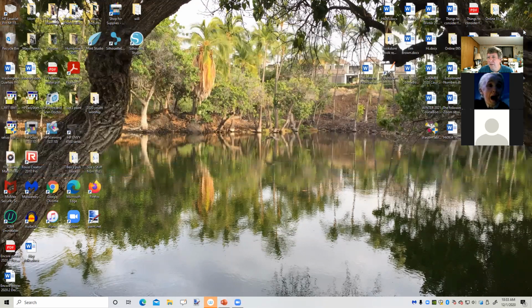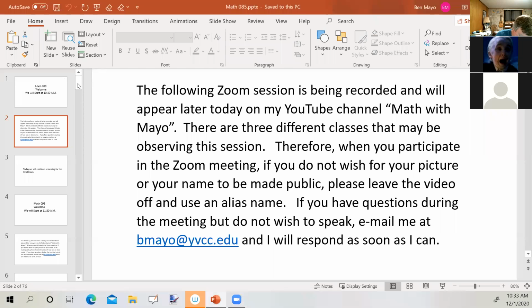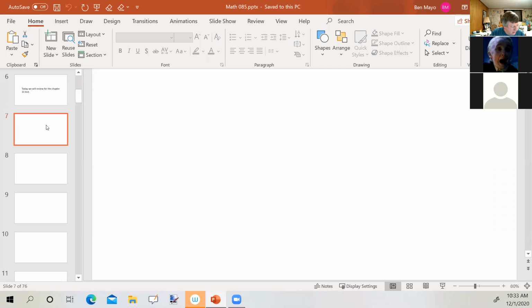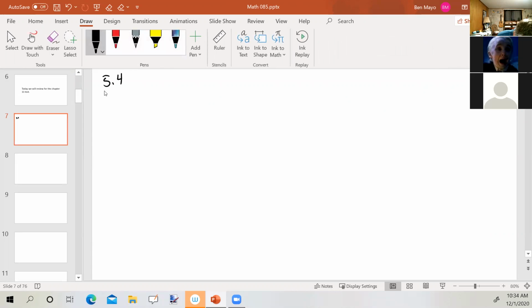Okay, so now let's go back here and take a look here. So in chapter 5, we started on section 5.4. So I want to look at that. Section 5.4 involved identifying whether something was a monomial, a binomial, a trinomial, or just a polynomial in general.